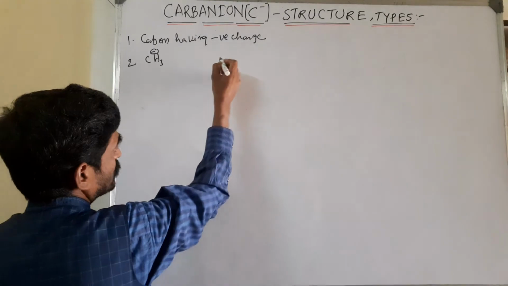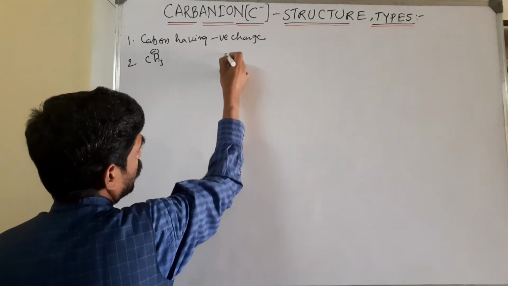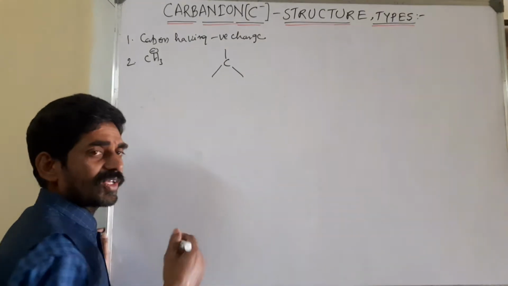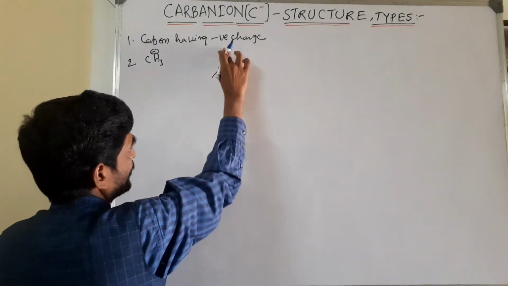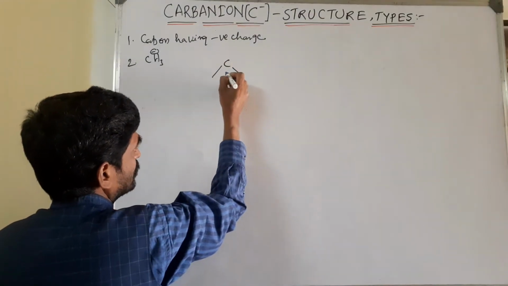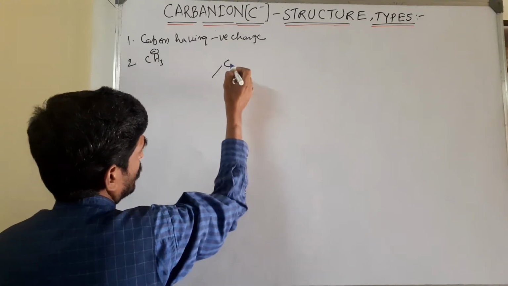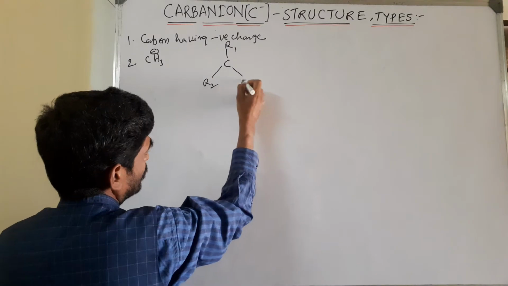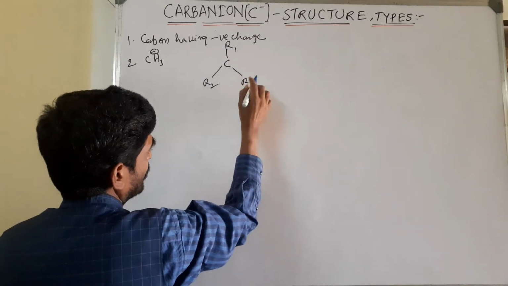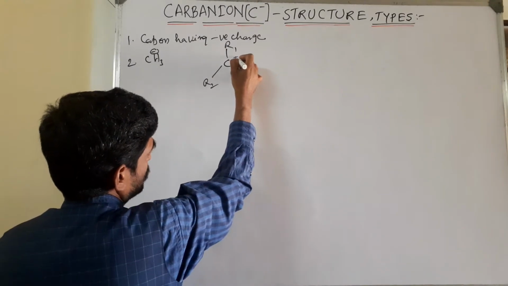Here the carbon is bonded with 3 hydrogens, or you may take alkyl groups also. For our convenience, you can represent these as R1, R2, R3, and it has one lone pair of electrons.